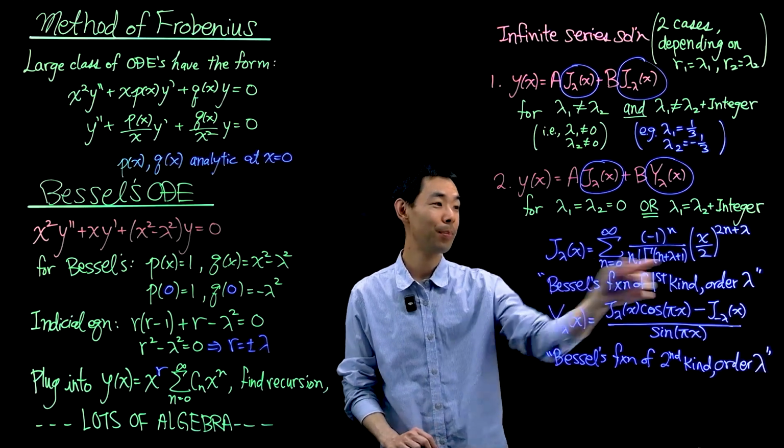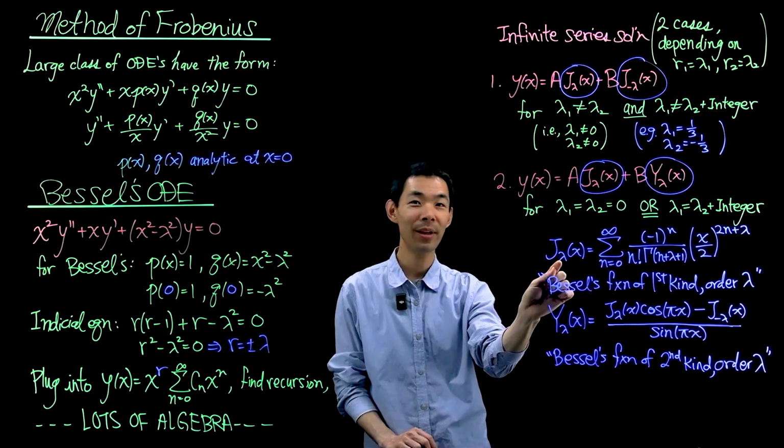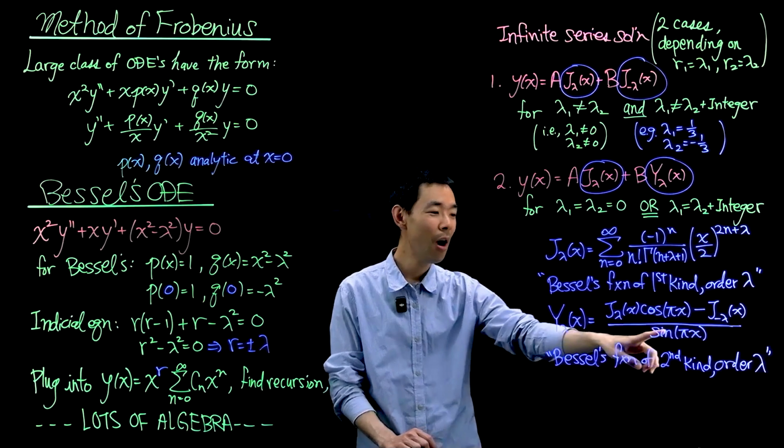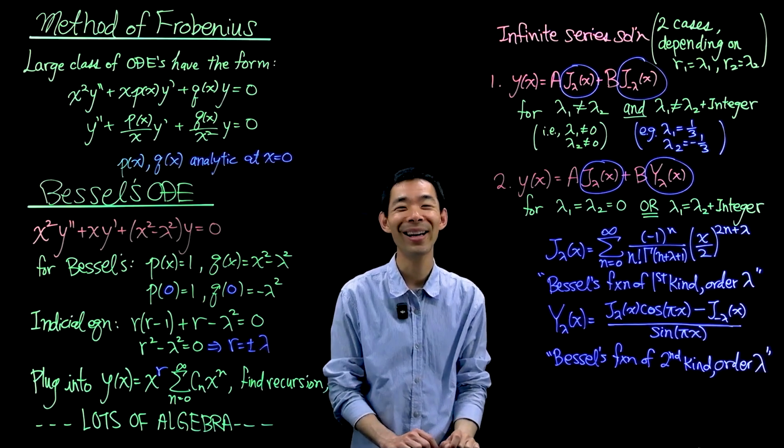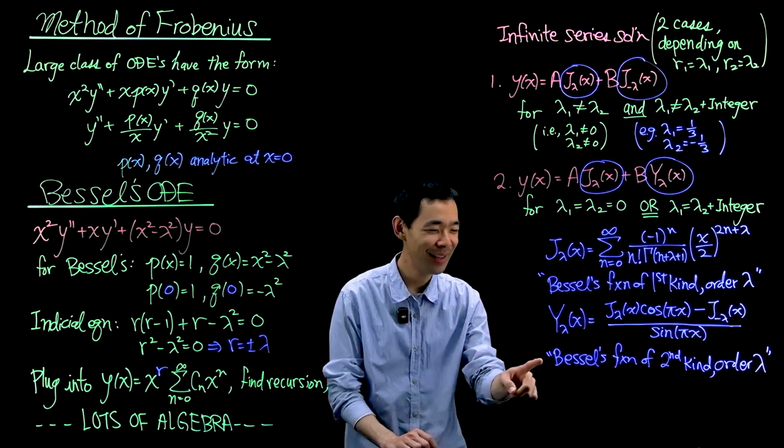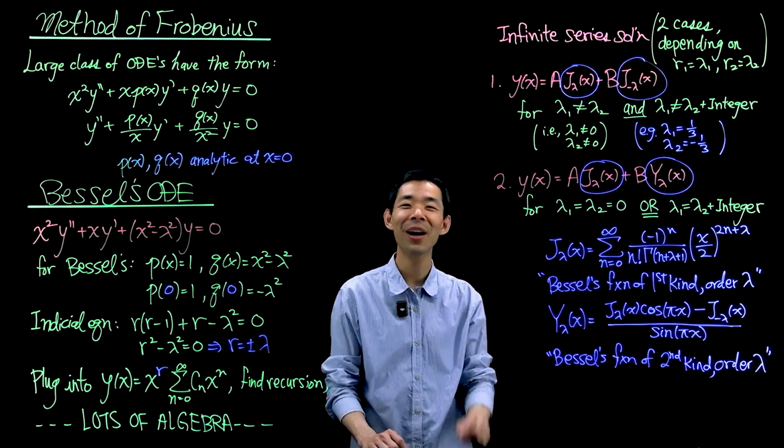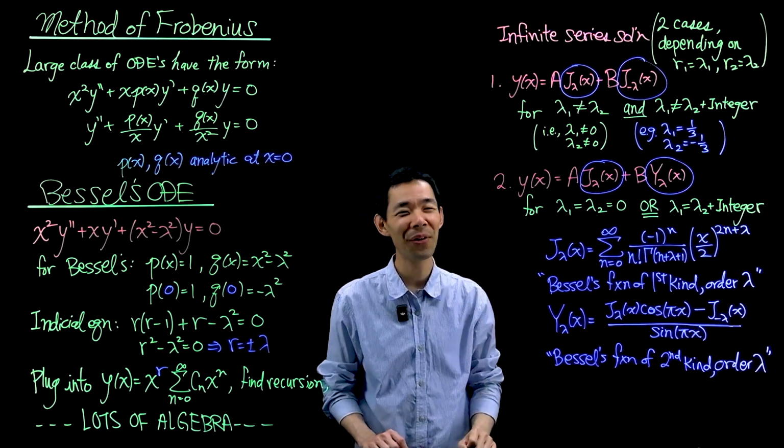So you just literally plug in negative lambda into this expression, all divided by sine of pi times x. And this function is called the Bessel's function of the second kind, order lambda.